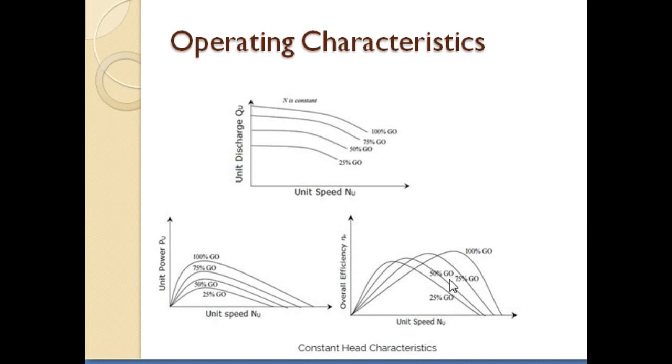Here also efficiency increases with increasing speed. If you run the Francis turbine at 100% speed, the overall efficiency is quite low. Then this peak also shifts towards a higher unit speed value.